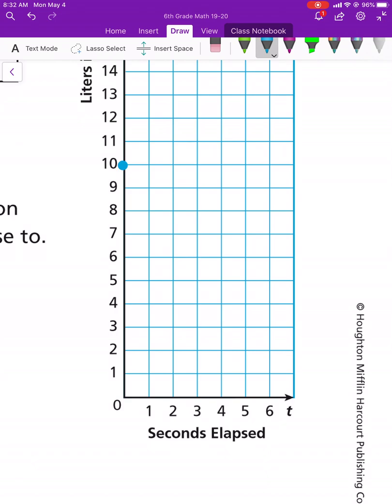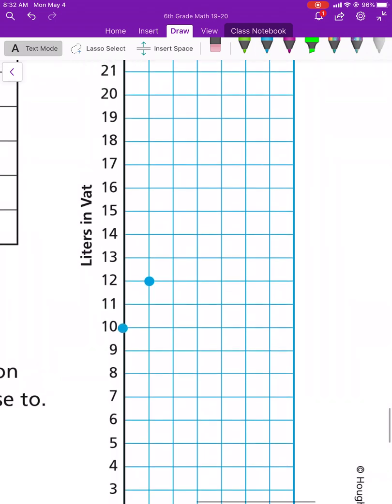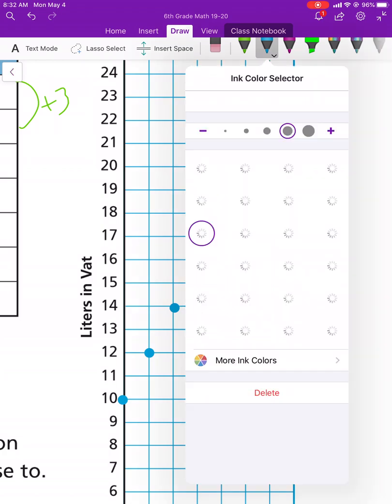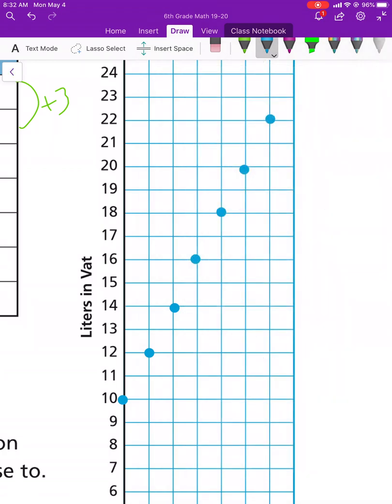And over here I'm going up by 2s, right? 12, 14, 16, 18, 20, and 22. And if I connected these, it would look like this. Okay. That was one of my better lines. What do you know?